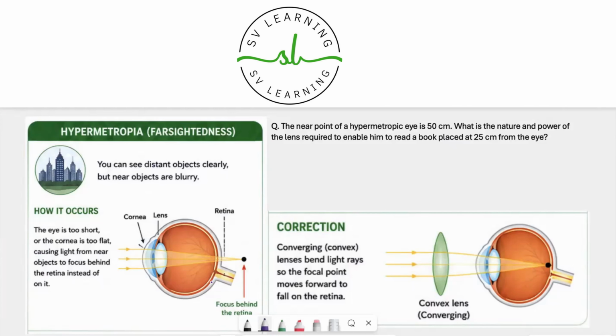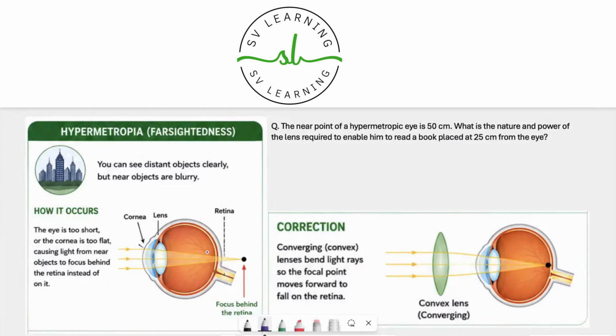Now this happens because of two major reasons. Either the eyeball becomes shorter. If the eyeball is of usual length, the rays will normally land on the retina. But if the eyeball itself becomes shorter, the rays will pass the retina, and the focus shifts behind the retina.